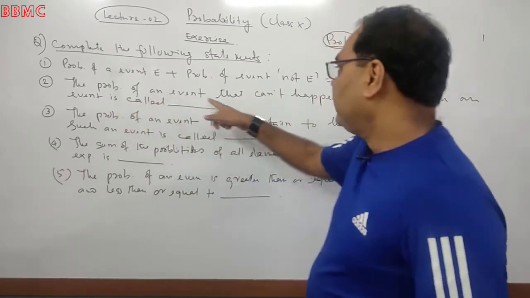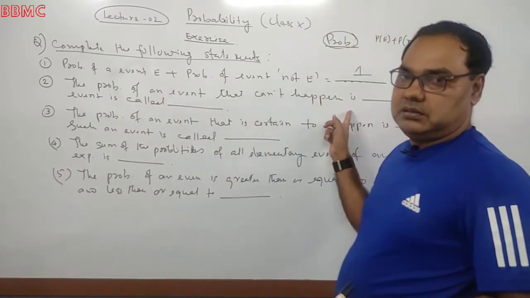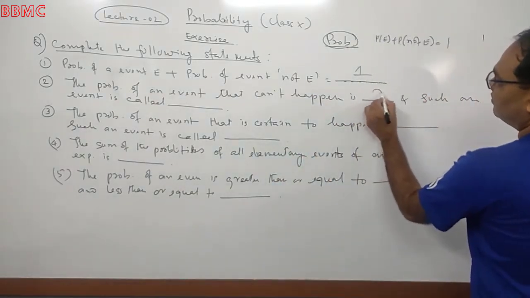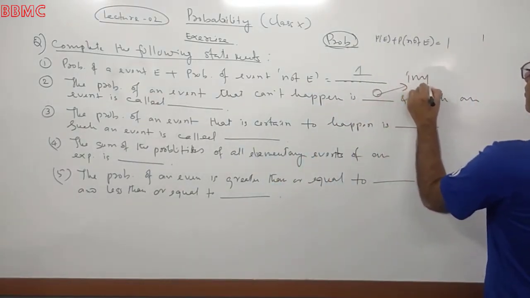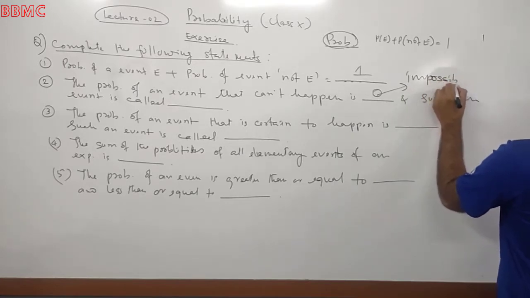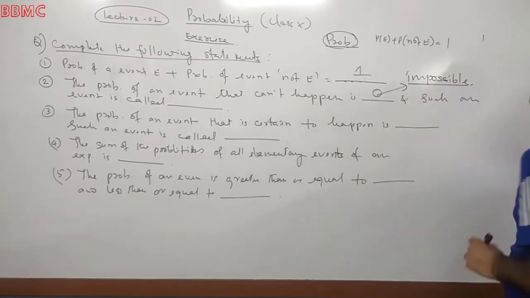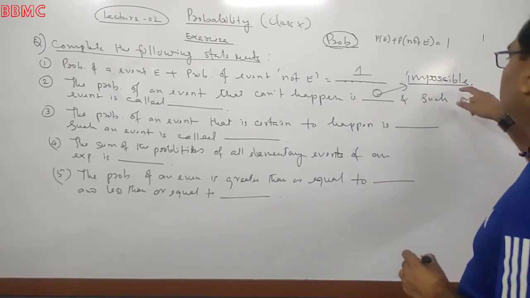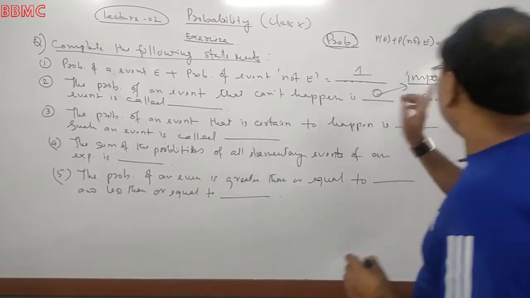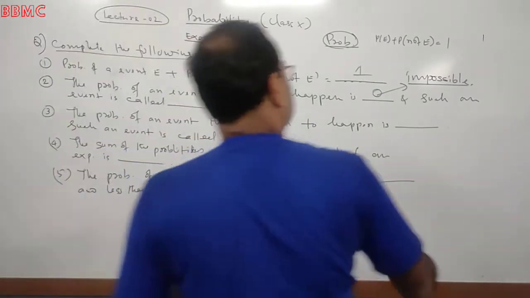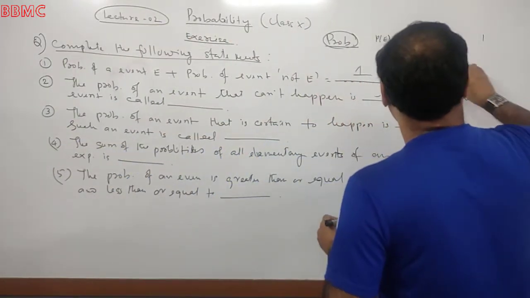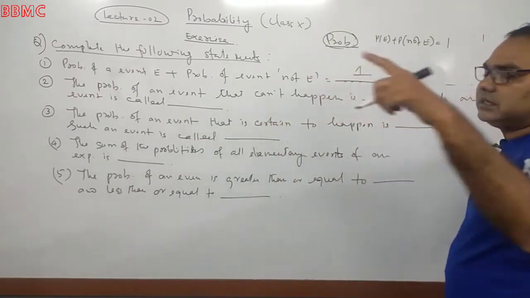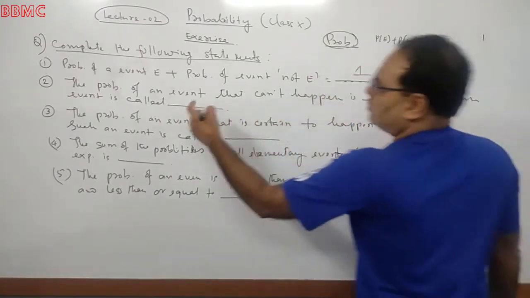The probability of an event that cannot happen, which is not possible, that is impossible. Such an event is called what?